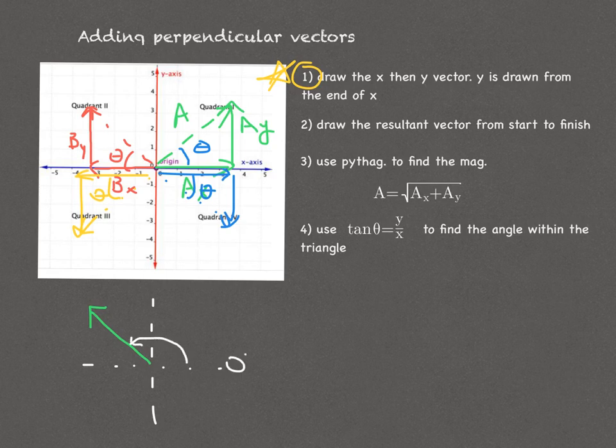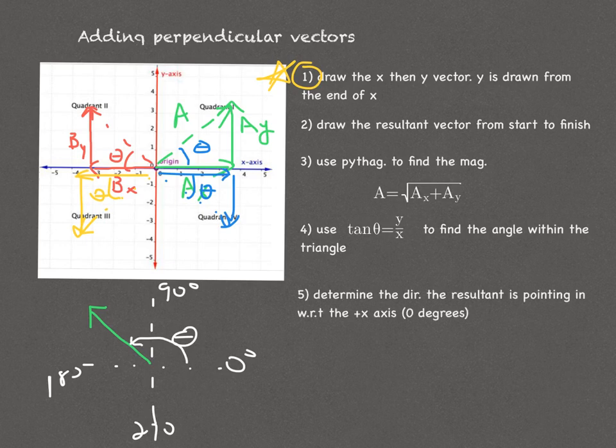So this is our 0 degree direction. This is our 90 degree direction, 180, and 270. Since this green arrow is pointing in the second quadrant, the directions within the second quadrant are between 90 and 180. All right, so every single direction, theta given, for anything in the second quadrant, it has to be bigger than 90, but less than 180.